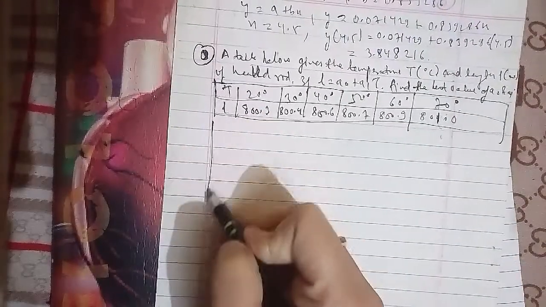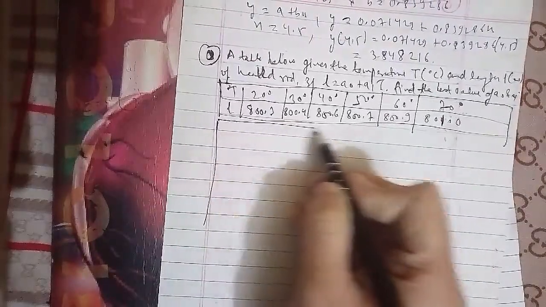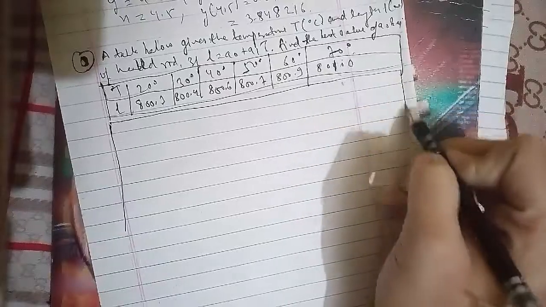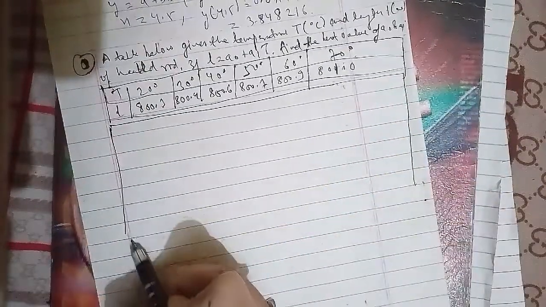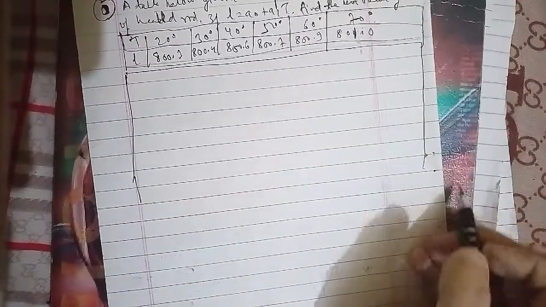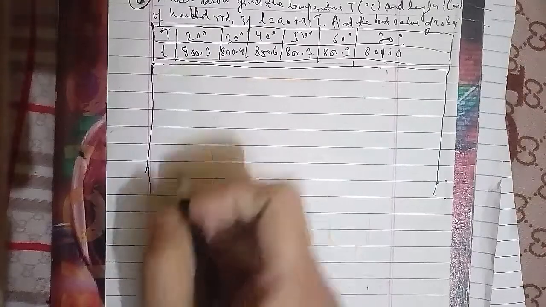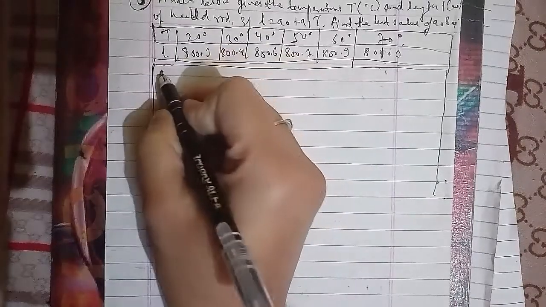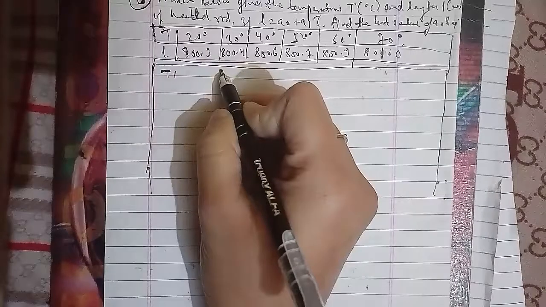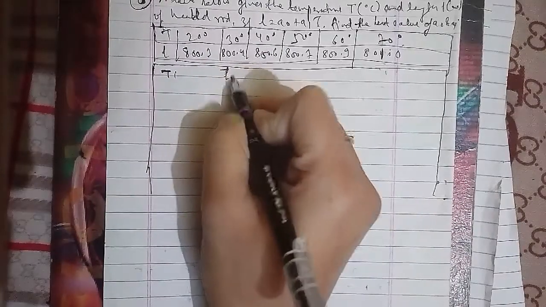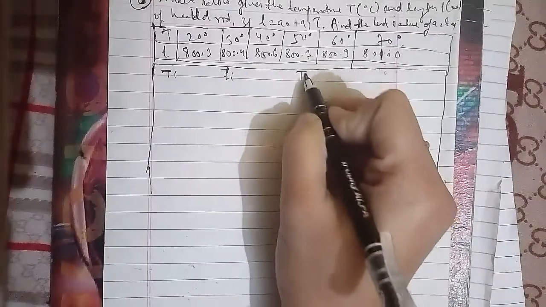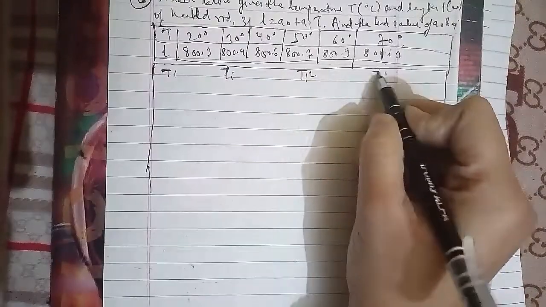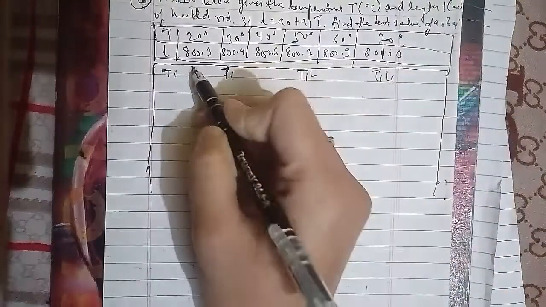So we have here, for the value we get here is we put the value for TI, then you have your LI, then TI square and TI LI.